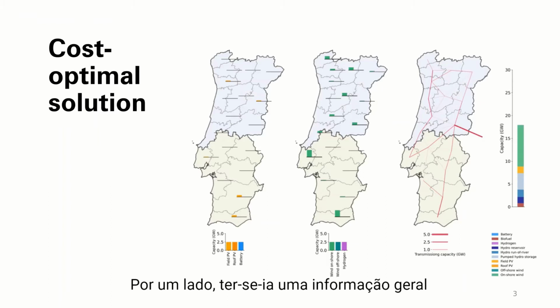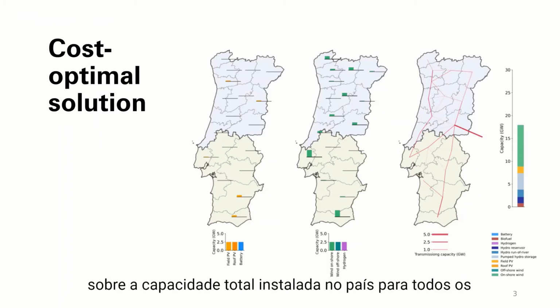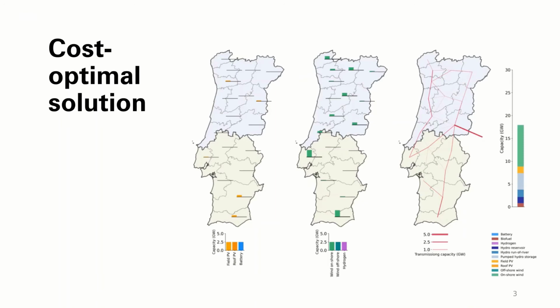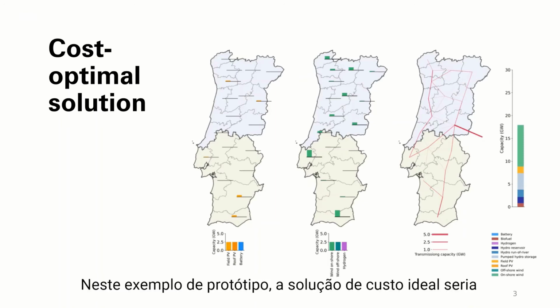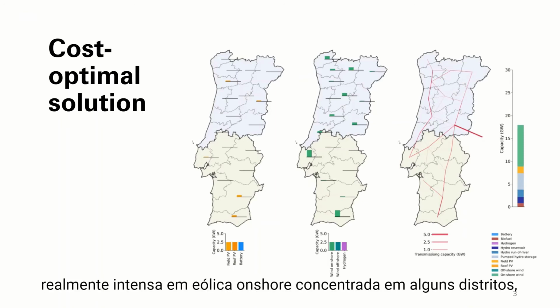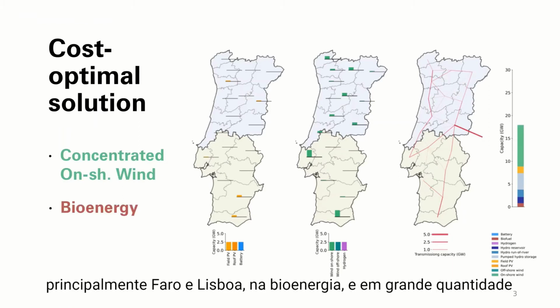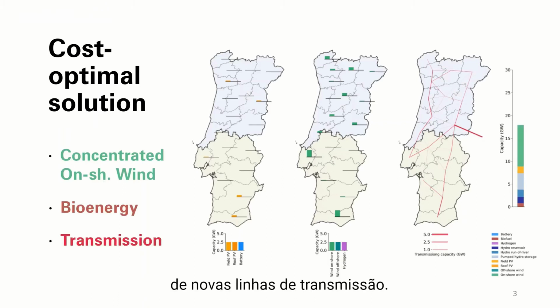On the right-hand side, you would also have overall information about the total capacity installed in the country for all technology types, for instance, including bioenergy or existing hydro capacity. In this prototype example, the cost-optimal solution would rely heavily on onshore wind, concentrated in a few districts, mainly Faro and Lisboa, on bioenergy and on a large amount of new transmission lines.